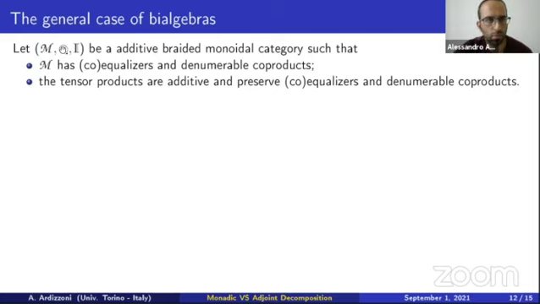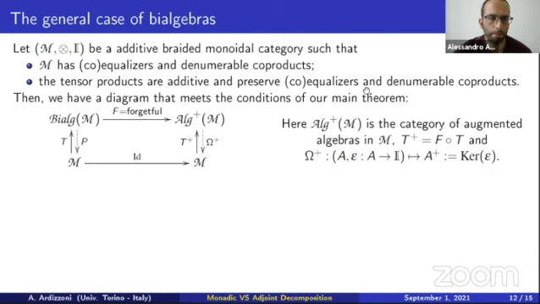And the tensor product functors, I mean, if you take an object X and consider the functor X tensor something or something tensor X, these two functors should be compatible with all these structures. So they are required to be additive and to preserve equalizers, coequalizers, and the numerable coproducts. So in this case, we have a diagram that fulfills the conditions of our main theorem.